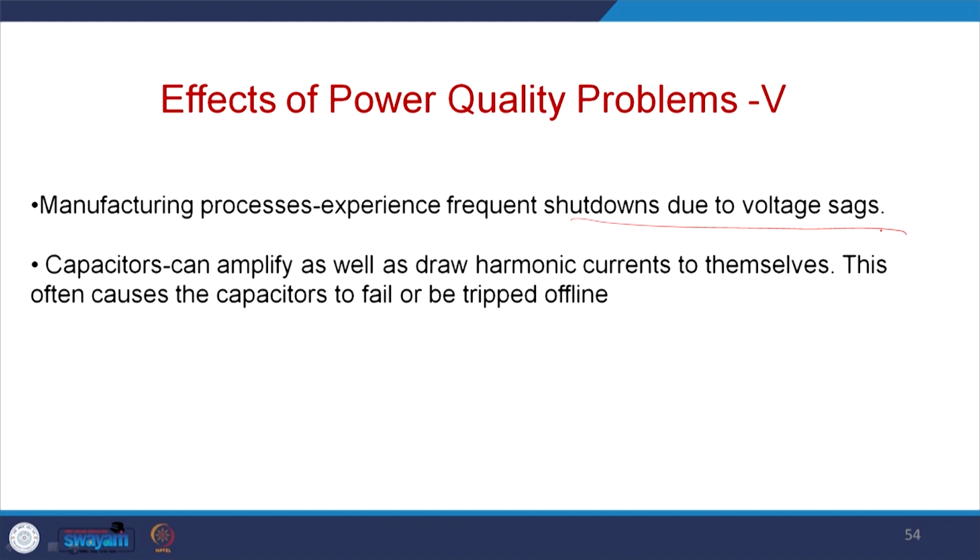I recently experienced this problem at a sugarcane mill in Uttarakhand. They had frequent shutdowns and came to us for solutions, and I saw how their production was hampered. Capacitors can amplify as well as draw harmonic current, which often causes the capacitor to fail or to be tripped offline.